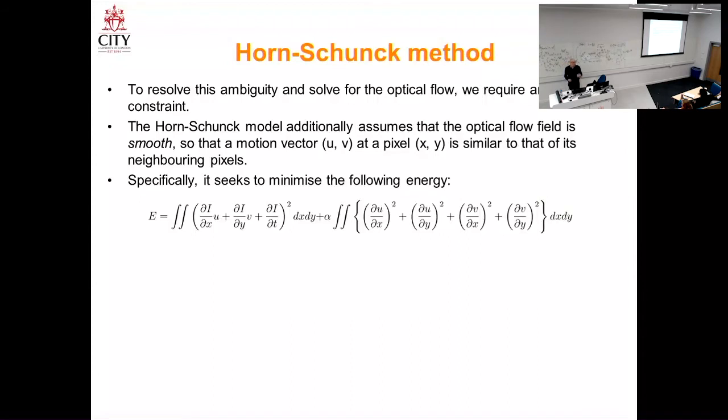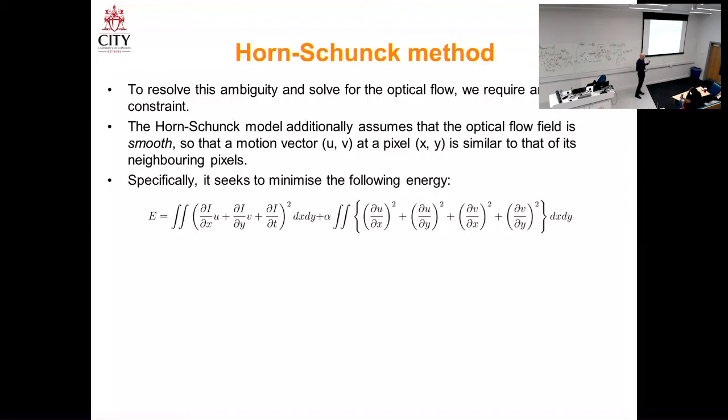So in order to handle the aperture problem, what we need is an additional constraint. There are different types of constraints we can bring in, and this will bring us to different algorithms for computing optical flow. The first one, we're going to assume that the optical flow field is smooth, which means it's not changing radically from pixel to pixel, okay?